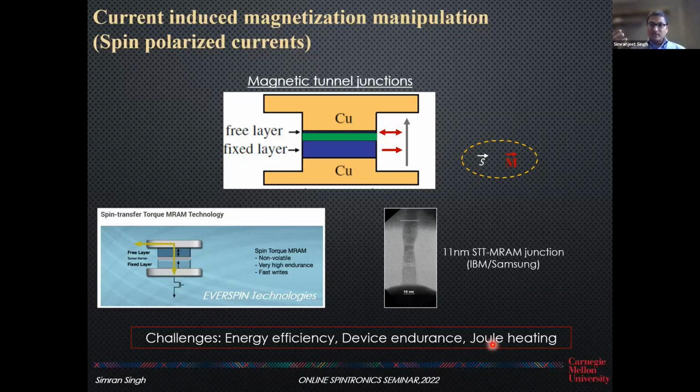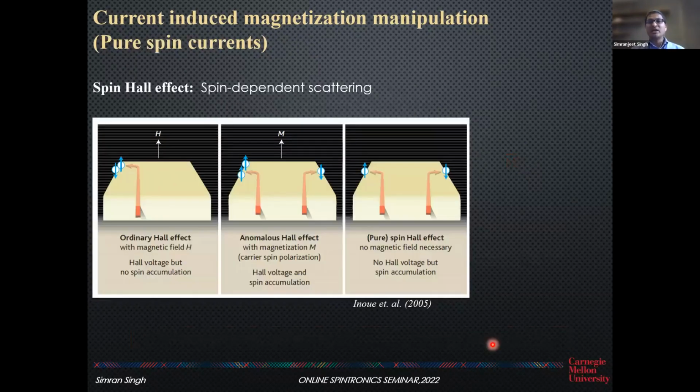Another way of inducing magnetization control or manipulation is through pure spin currents, and this utilizes a phenomenon known as the spin Hall effect. Essentially, in the spin Hall effect, if you take a material, whether non-magnetic or magnetic, with sizable spin-orbit coupling, then you get spin-dependent scattering of charge carriers in that material.